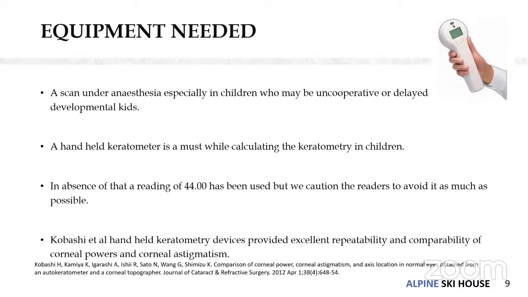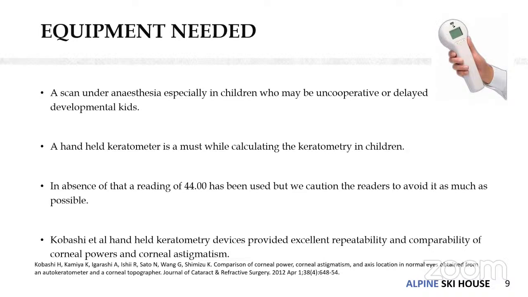A handheld keratometer is a must while calculating the keratometry in children. If a keratometer is absent, a reading of around 43 to 44 diopter has been used, but we advise the reader to avoid it as much as possible.